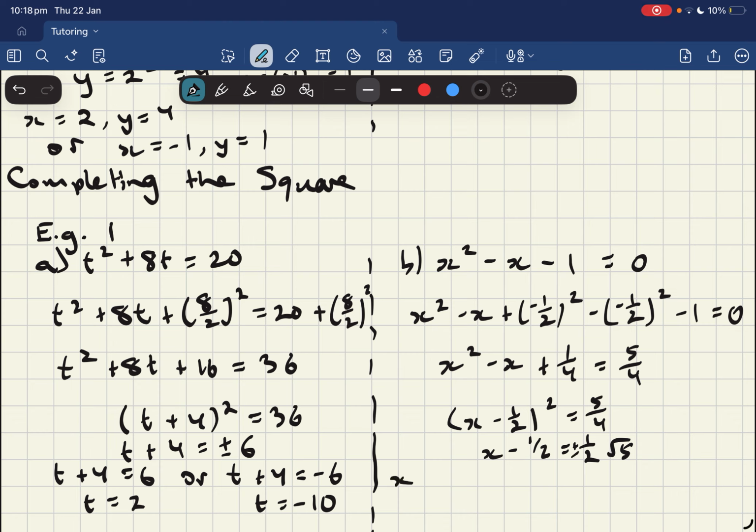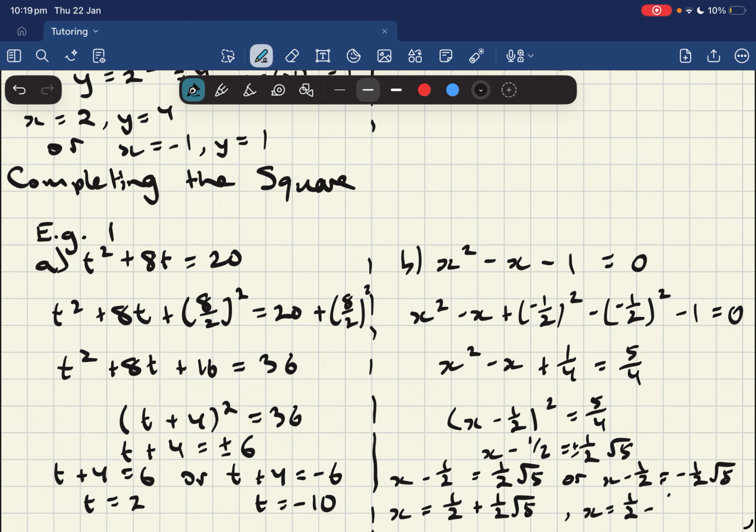Now, one option is for x minus a half to equal a half root 5, or x minus a half to equal negative half root 5. And once I add the half to both sides, one solution in exact form is going to be x equals a half plus root 5 on 2, or a half multiplied by root 5, or x equals a half minus a half root 5.